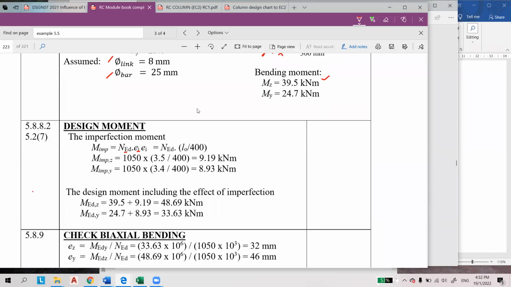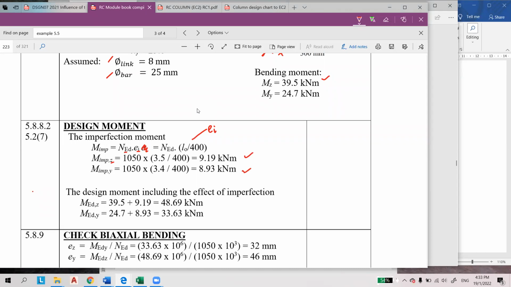The eccentricity is equal to L0 over 400. This is the value along the z-axis, and this is the value along the y-axis.